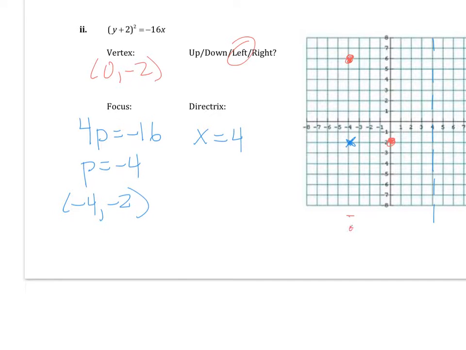We're going to end up down here. Okay, so it looks like we have a point at negative 4, negative 10, and 4, 6, right? Because 6 and negative 10 are 8 units away from negative 2. And draw our parabola.